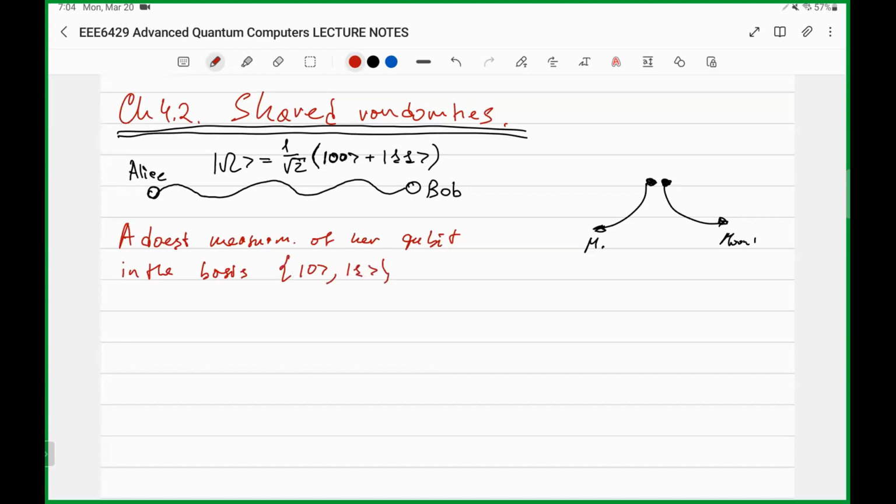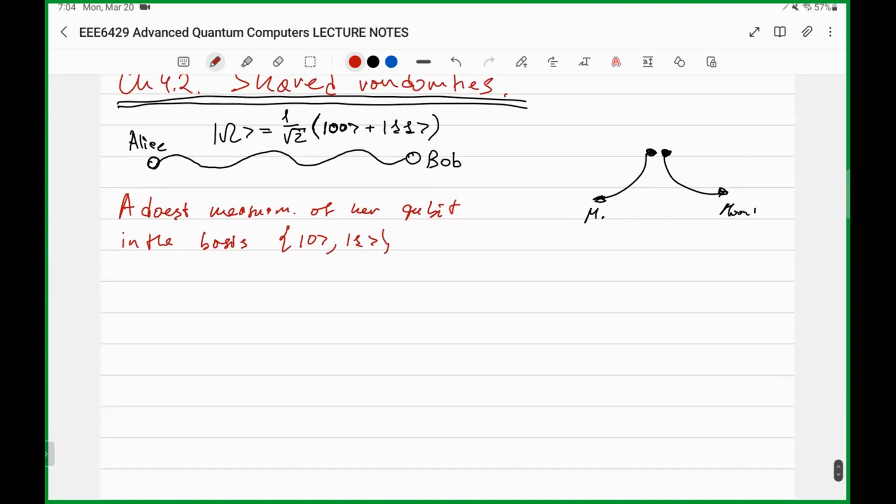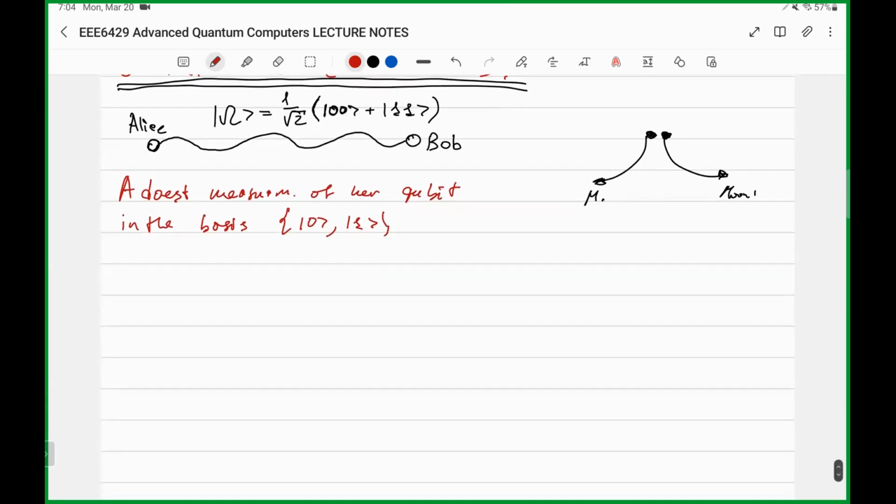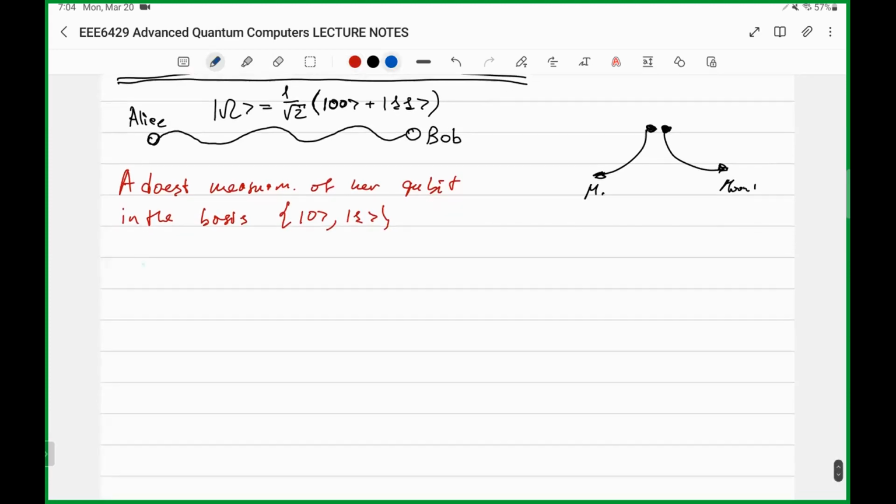She can choose another type of basis, but for simplicity, let's assume she makes the measurement in the 0, 1 basis. What can she obtain in her measurement? To do the measurement means to take the inner product of these basis vectors and calculate the probabilities, right? For this simple state, we have only two options.